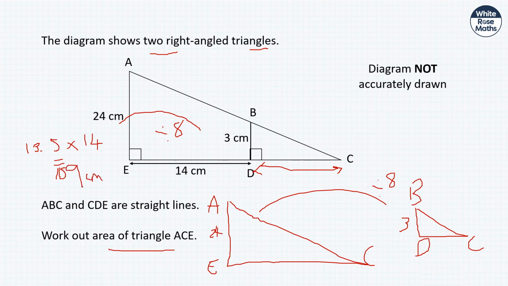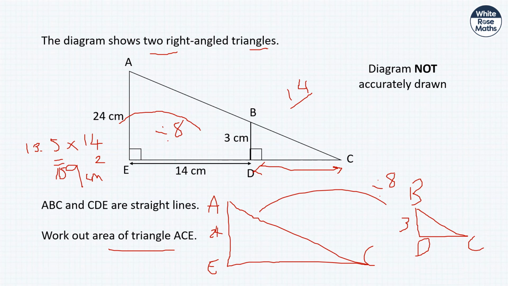The base of this triangle here will be 3. I've divided this by 8. But the issue here is that if I do 14 divided by 8, that's not right, because that's not a scale factor length. I'm comparing EC with CD, which I don't actually have here.